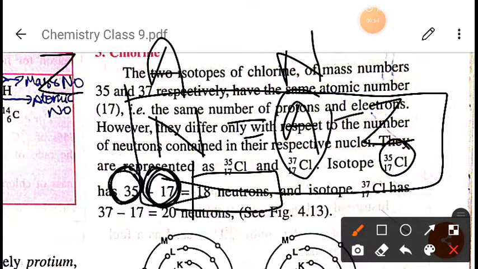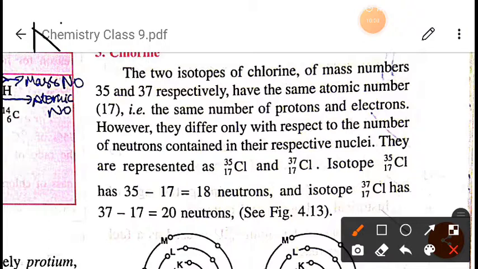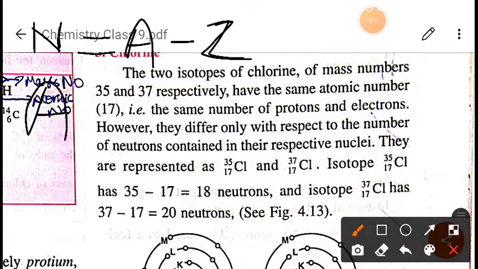If you want to find A, we can find it like this: N plus Z. If you want to find neutrons, neutrons will be the atomic mass minus the number of protons, or atomic number. Now again, if you want to find the mass number A, it is neutron plus atomic number.